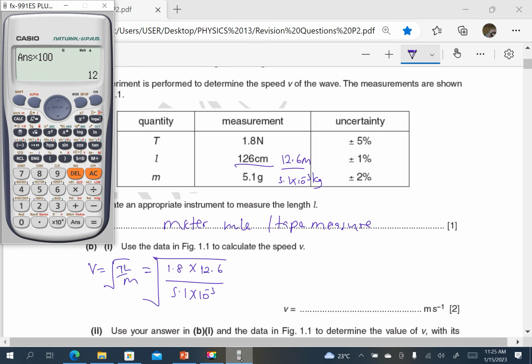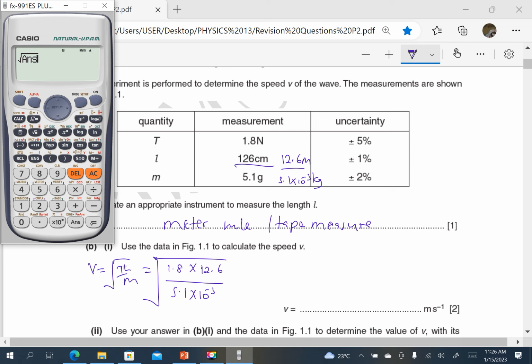So let's check this with the calculator. This is going to be the square root of, open brackets, 1.8 times 12.6 divided by 5.1 exponent negative 3.